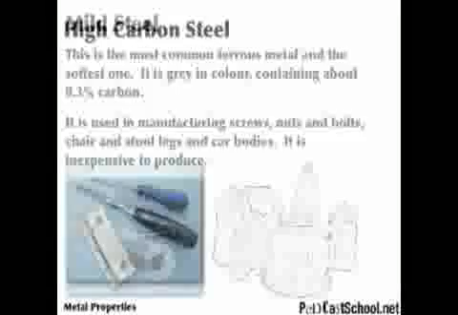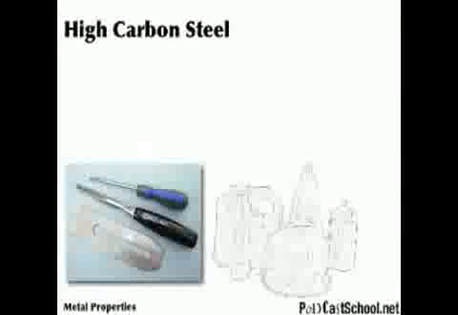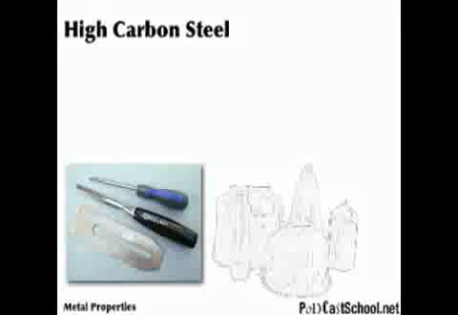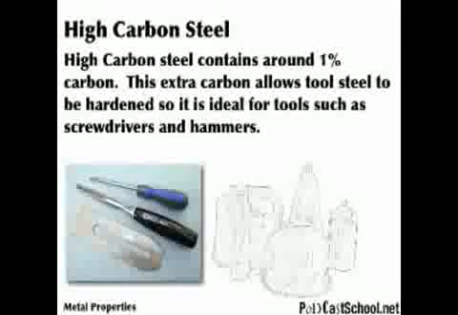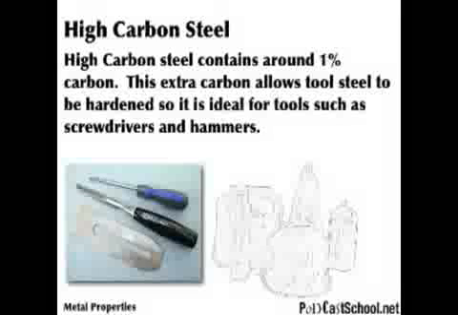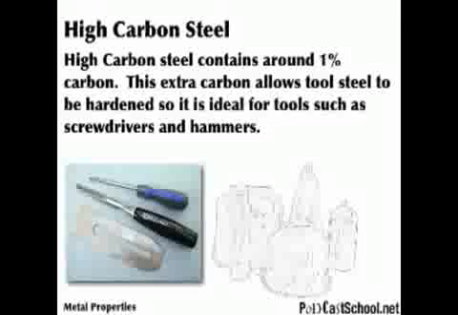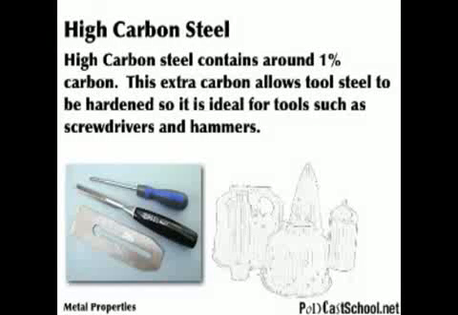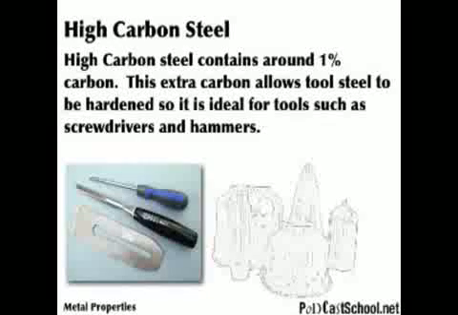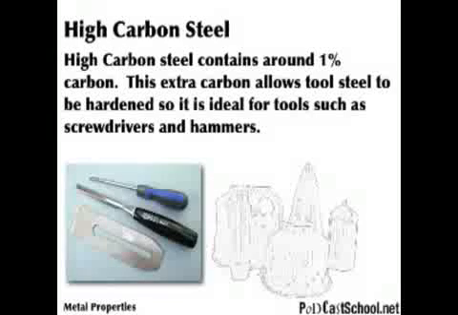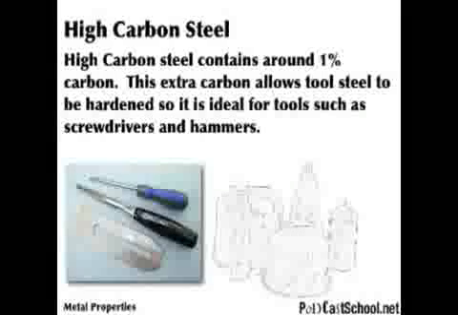Now, if there's mild steel, there's also probably something else, and you've guessed it, it's high carbon steel, and that's exactly what it says. It's iron with a lot of carbon in it. High carbon steel contains around 1% carbon. As I said there, the extra carbon allows tool steel, and tool steel is just another name for high carbon steel because it's used so much in tools, to be hardened, so it's ideal for tools such as screwdrivers and hammers.